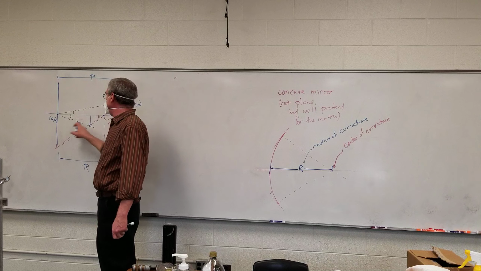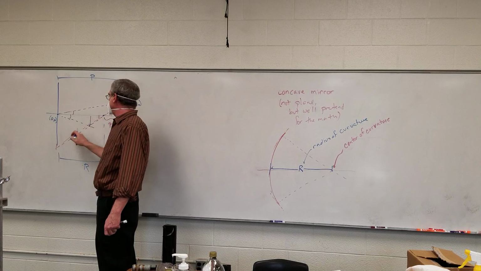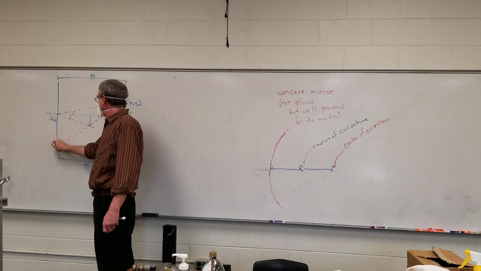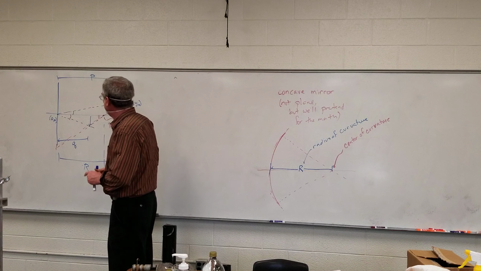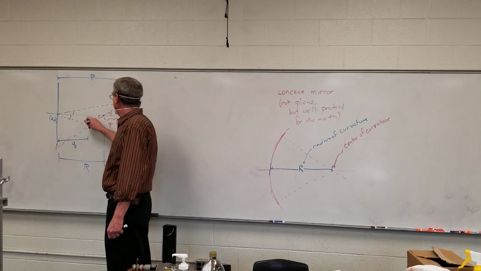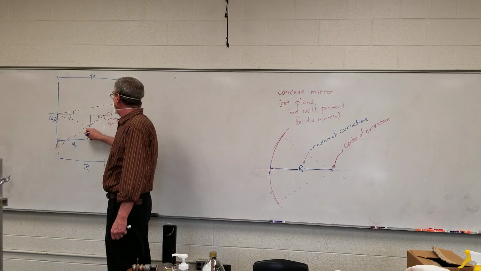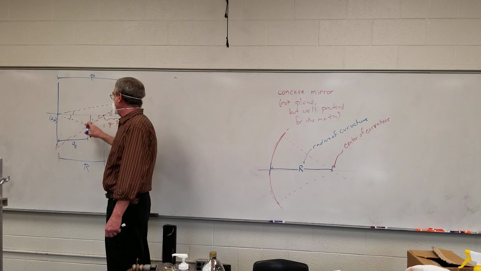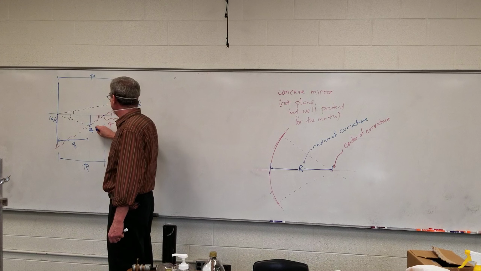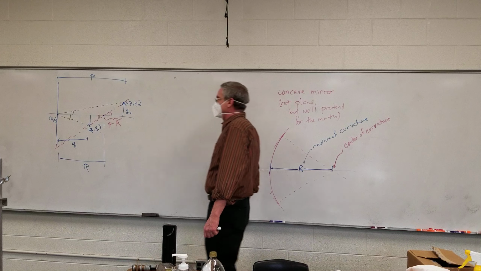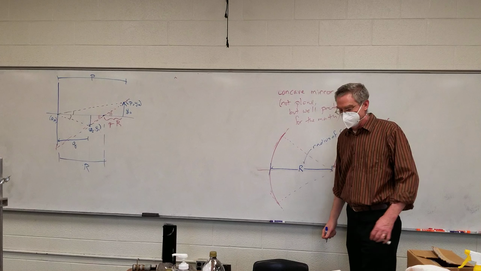The distance from the center of the mirror to where the image is, this distance here, is labeled Q. I go Q out, and then I go down to the point Y sub I, I for image, over object.